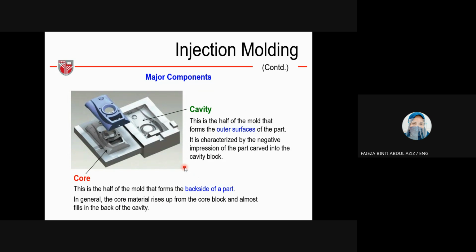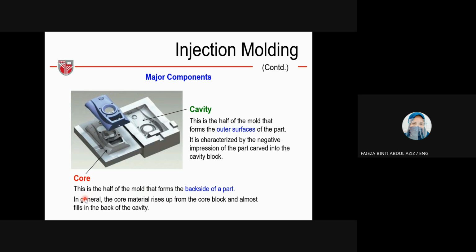As I mentioned just now, you have to be familiar with the mold. These are the major components of the mold. We have the core and cavity. Core is here, and cavity is this part. Core is the half of the mold that forms the backside of a part.